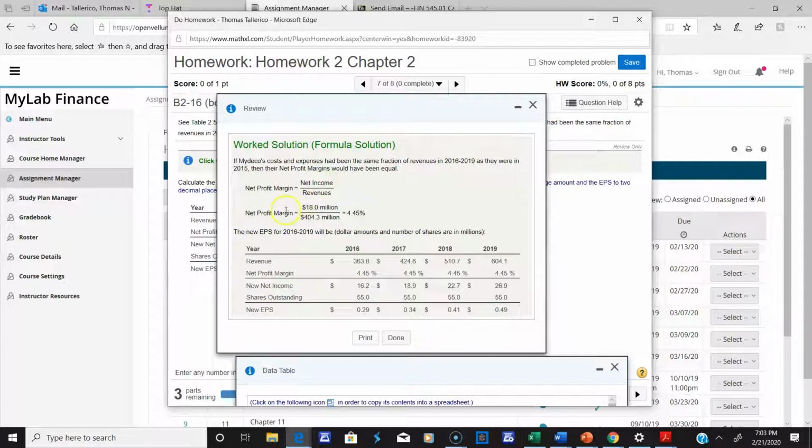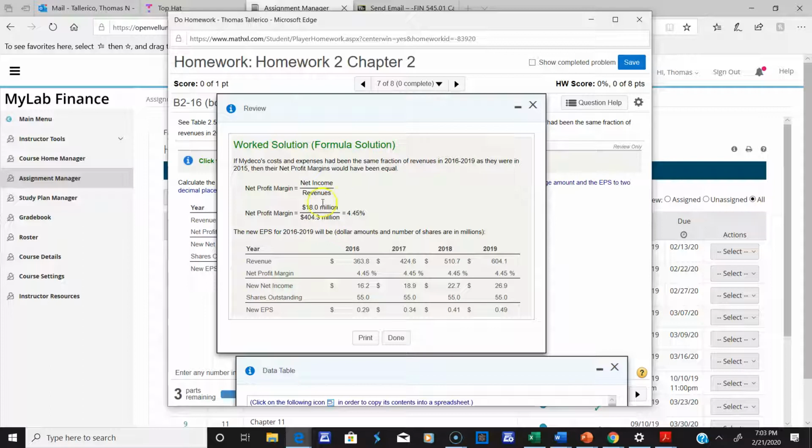Now the net profit margin for 2015 would be 18 million over 404.3 million.